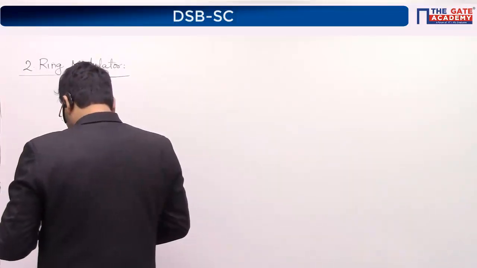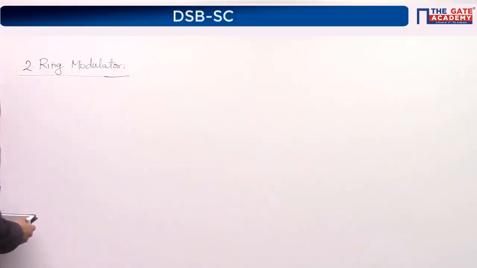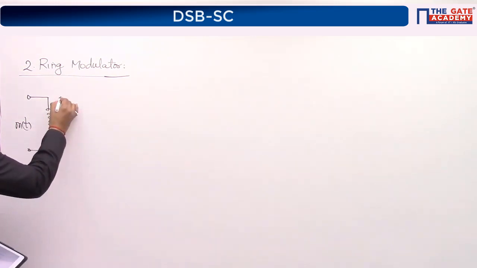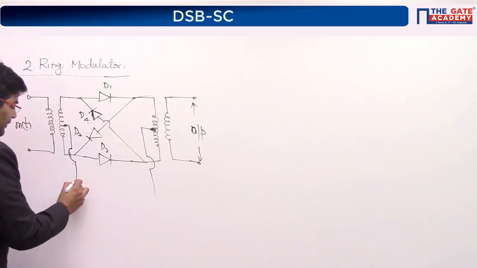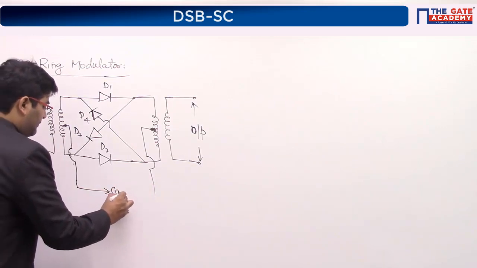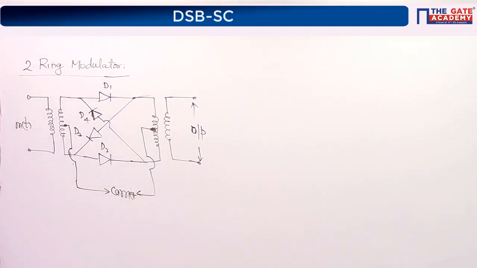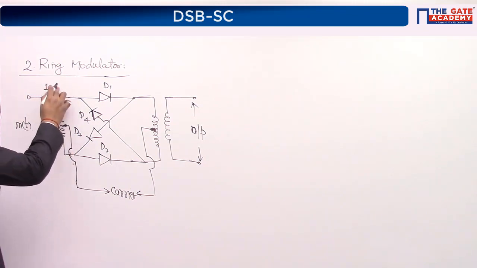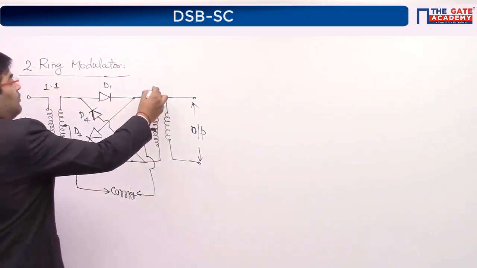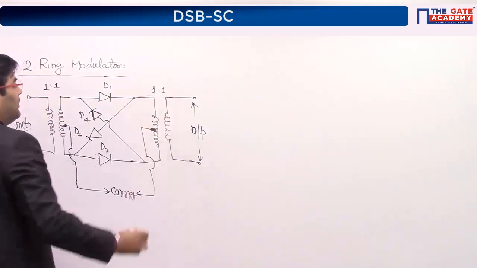Let me draw the diagram which we are going to analyze. m(t) is given with the carrier signal. So it remains the same, with a little bit of change, and the turns ratio is the same, 1:1. Please draw it.